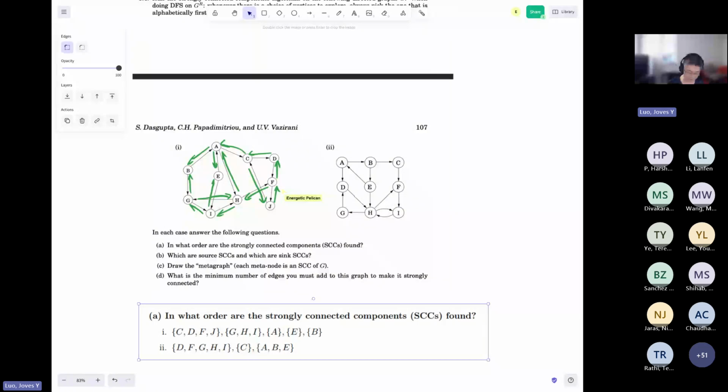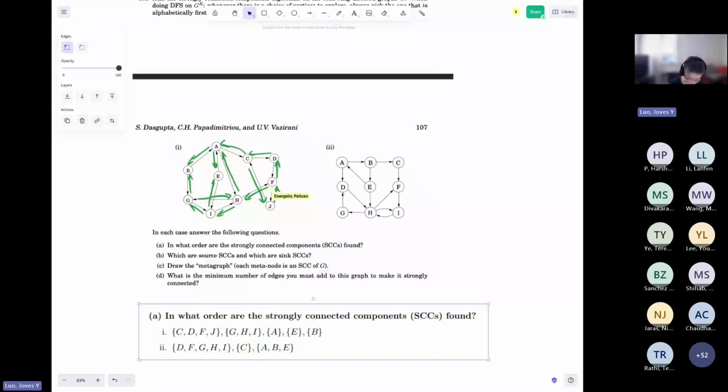So let's see. Where would we have started? Assuming we would have started at A, we would have come over here. We would have found that this right here is an SCC, because this would have had the smallest post numbers, and so it would be done in reverse, because it would do the largest post numbers first.